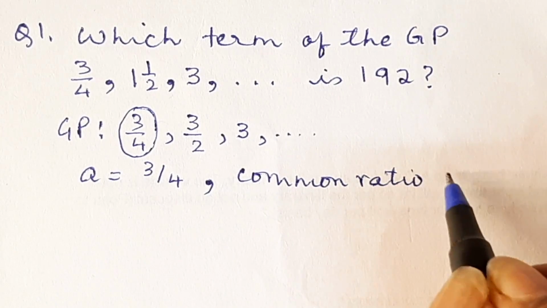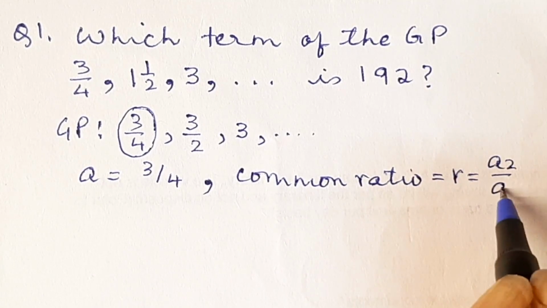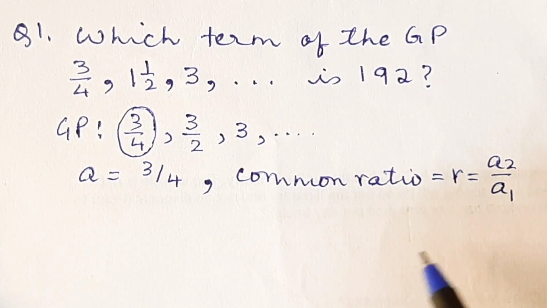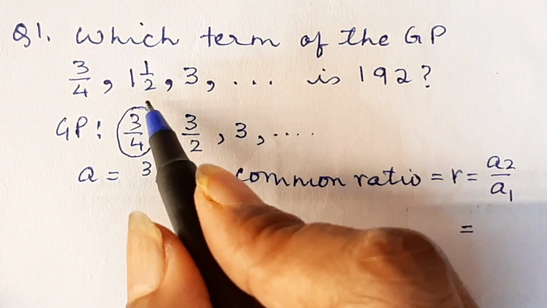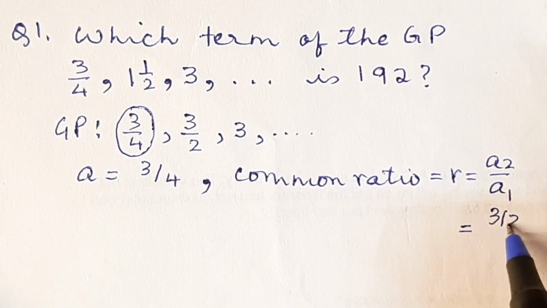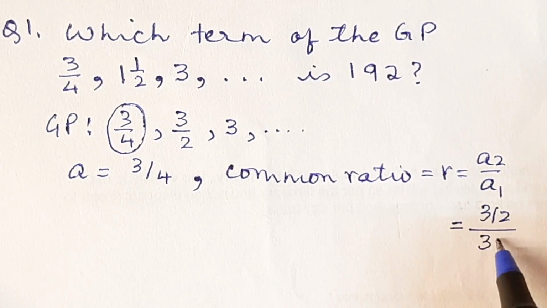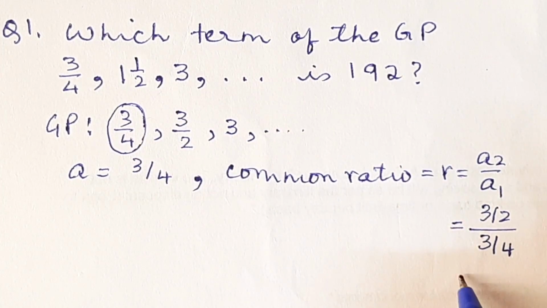Now the common ratio, which is R, will be A2/A1, and so that will be equal to A2, which is 3/2, divided by 3/4. A2/A1 is going to give us 3/2 multiplied by 4/3 when we divide by 3/4.